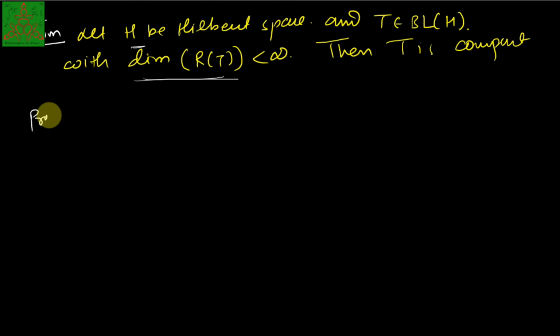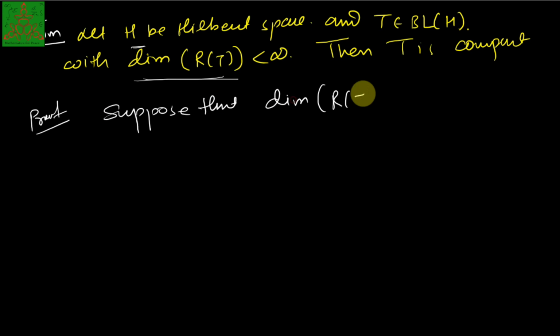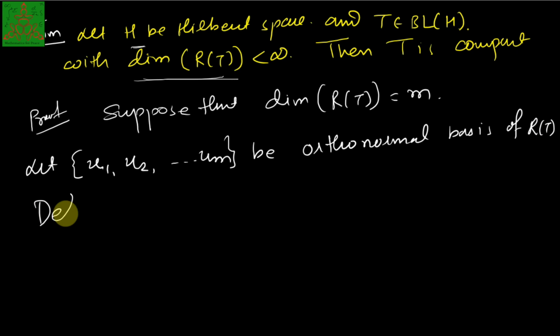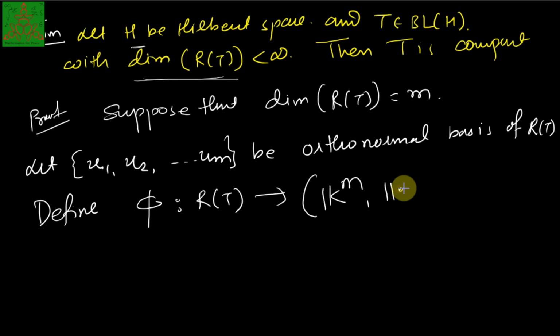Now to see the proof of this, let us suppose that the dimension of the range space of T is m. Let u1, u2 up to um be an orthonormal basis of the range space of T. Now let us define phi, that is, let us define a map from the range space of T to K^m with the 2-norm.